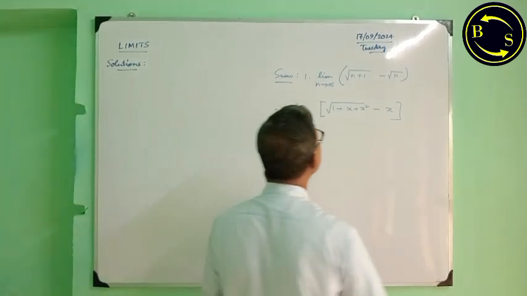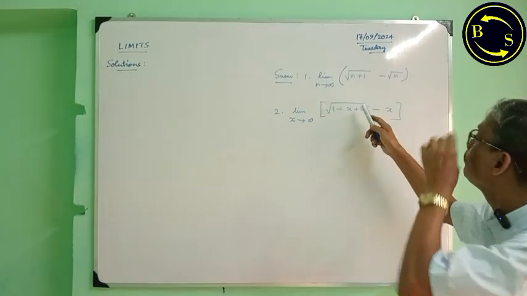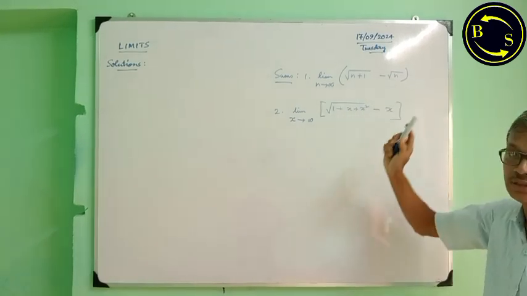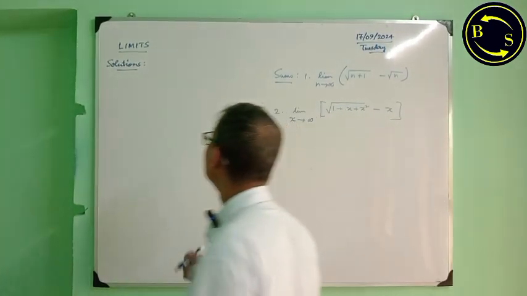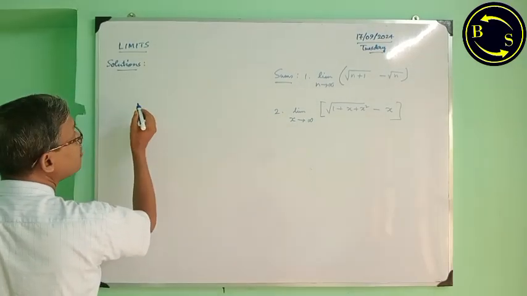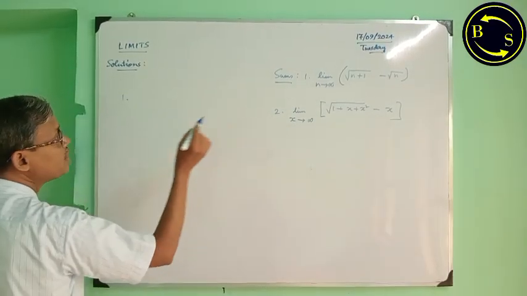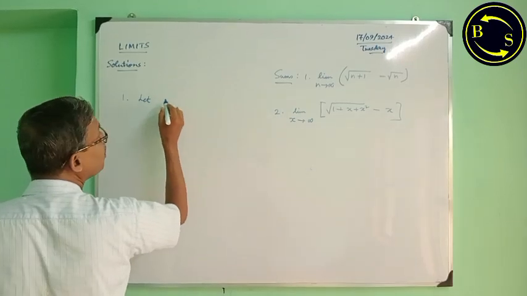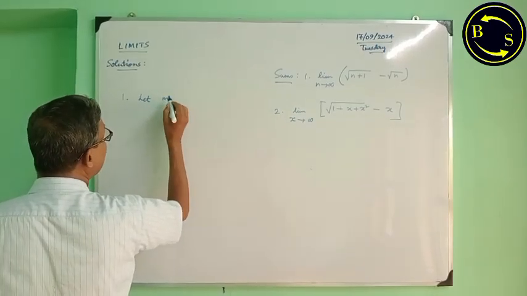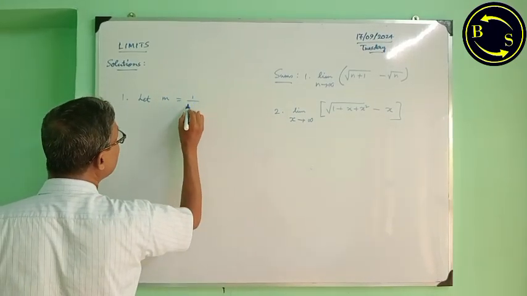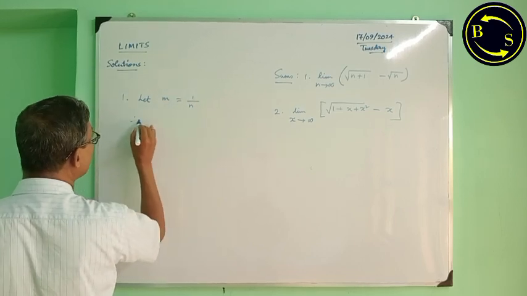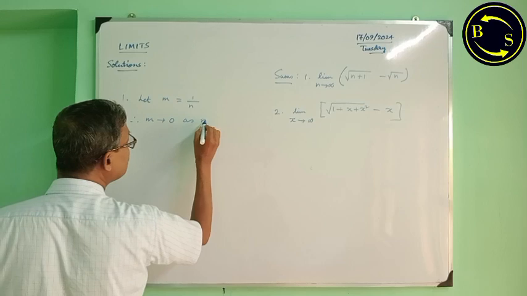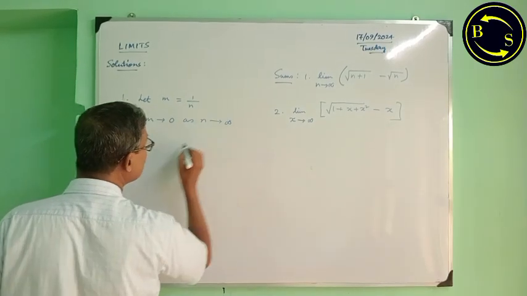The first sum is limit n tends to infinity. The expression is root over n plus 1 minus root n. Already I have mentioned that you have to change the variable. Let m equal to 1 by n. Therefore, m tends to 0 as n tends to infinity.